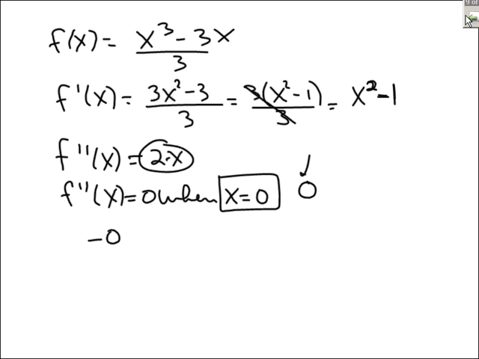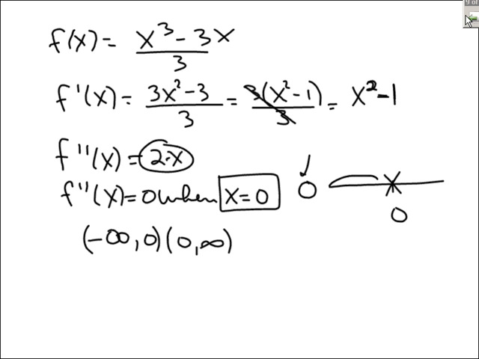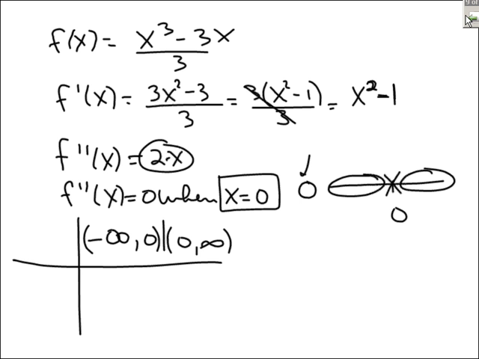So the intervals go from negative infinity to 0, and then from 0 to infinity. Notice I just skipped 0. If you have 0 and you want to bypass it, it's negative infinity to 0, and then from 0 to infinity. And this time, we're looking at the plus-minus sign of the second derivative.